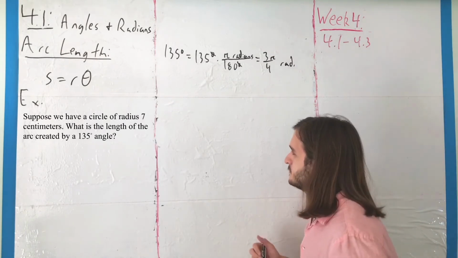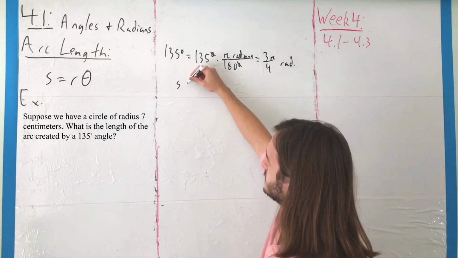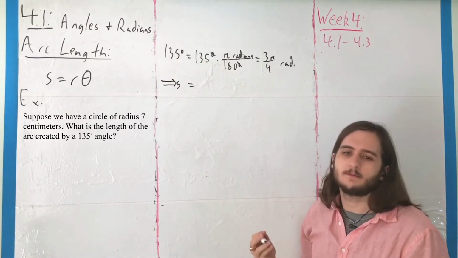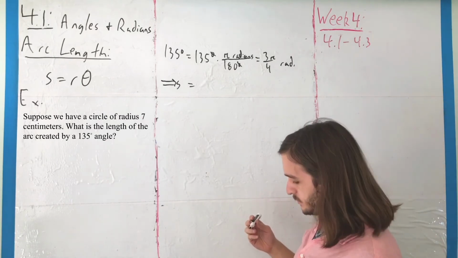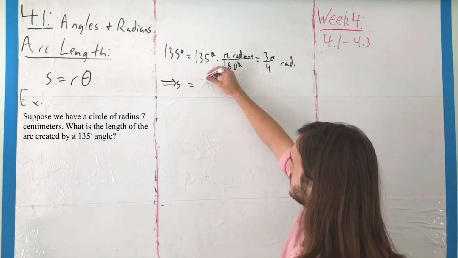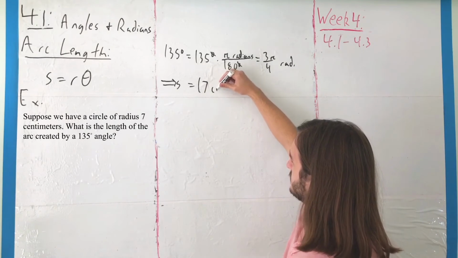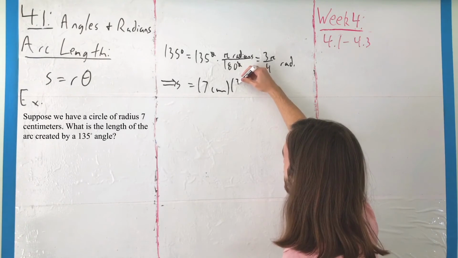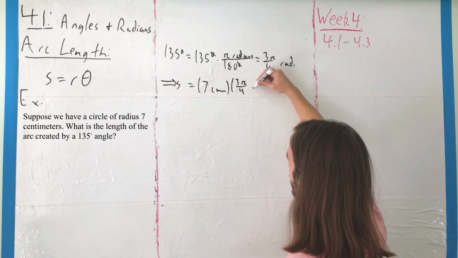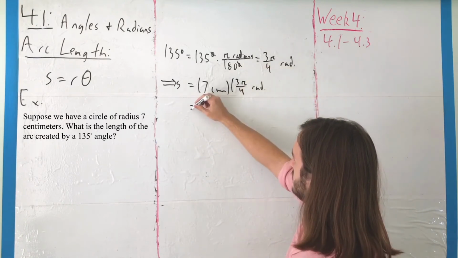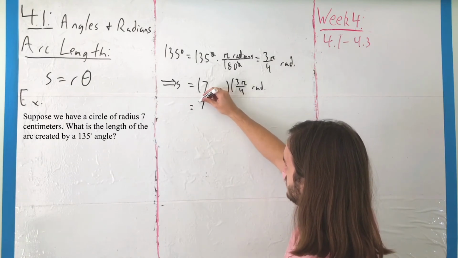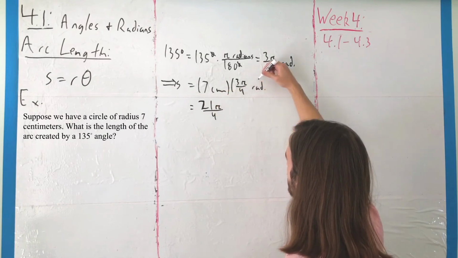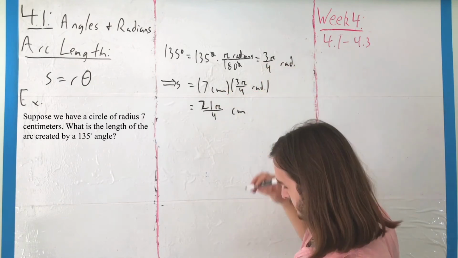And from there, we just multiply out, where a nice thing about the way that these units are set up is those radians are going to get caught by being multiplied by a radius, and we'll just get that S is equal to 7 centimeters multiplied by 3 pi over 4 radians, which just ends up being 21 pi over 4 centimeters.